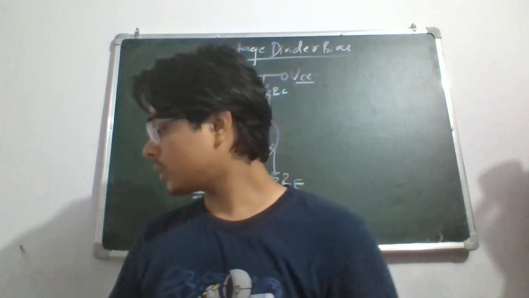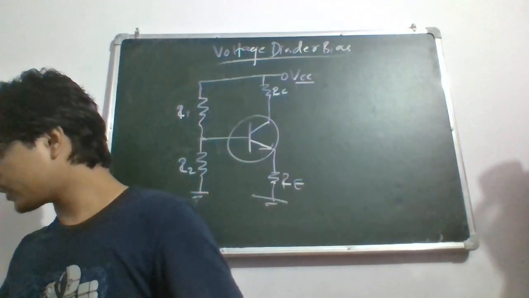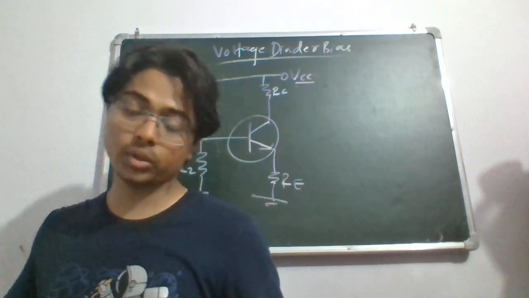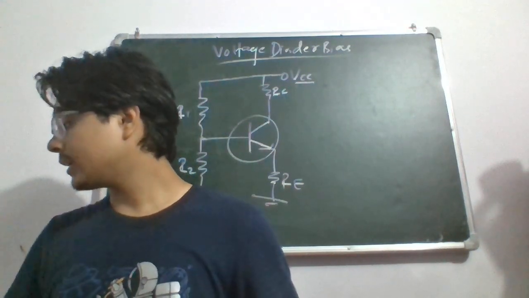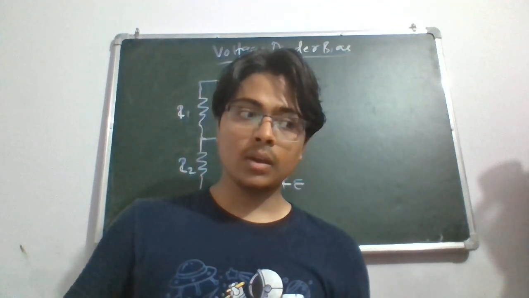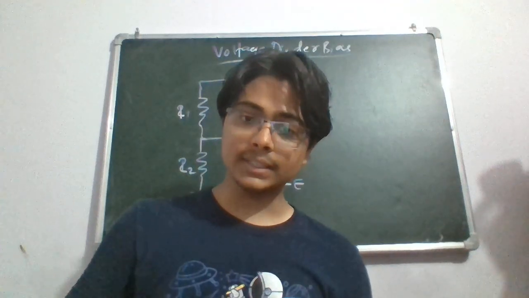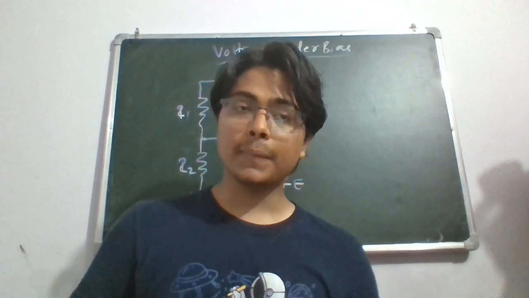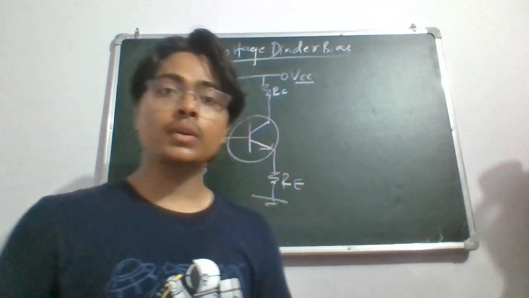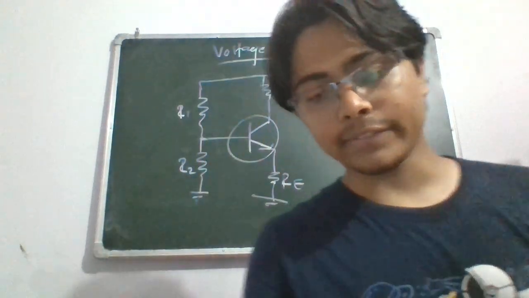Another thing about this voltage divider bias is that it does not depend on beta. Now you know that beta is actually dependent upon temperature, so this voltage divider bias is not affected by temperature.